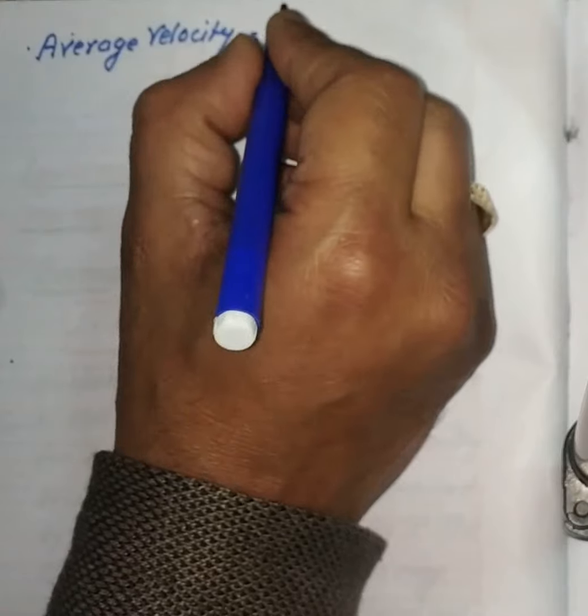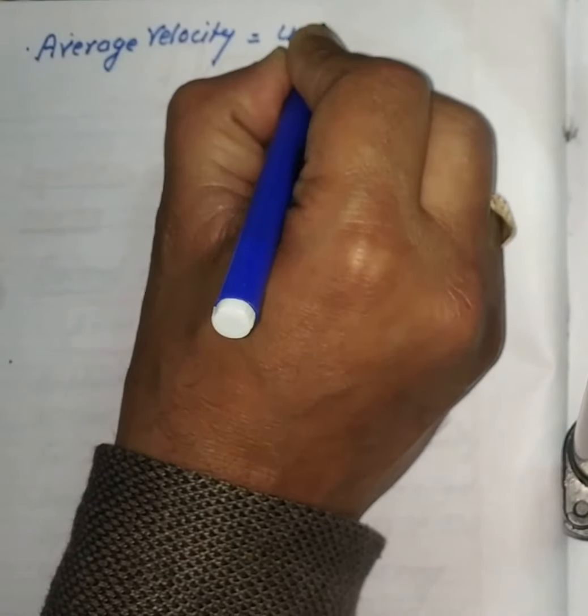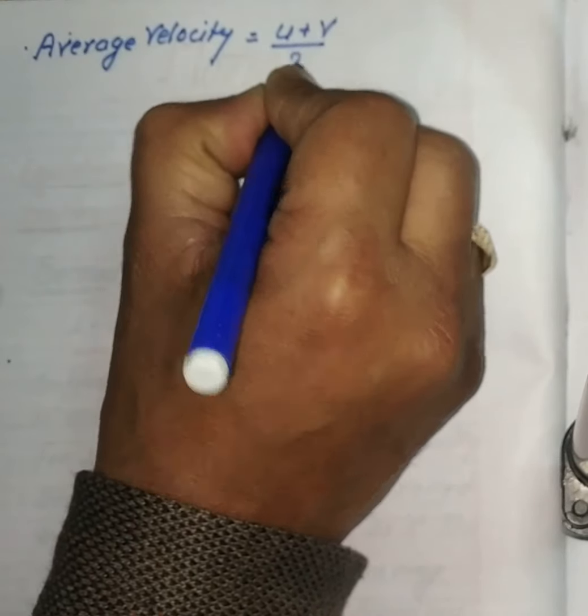Initial velocity is represented by u, final velocity is represented by v, so average velocity equals u plus v upon 2.